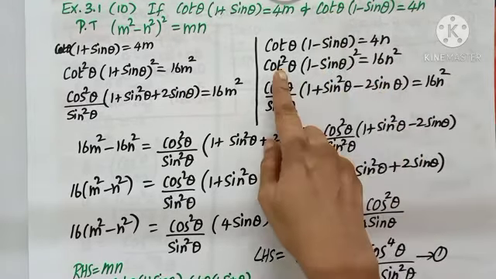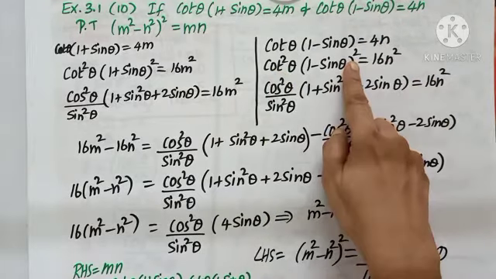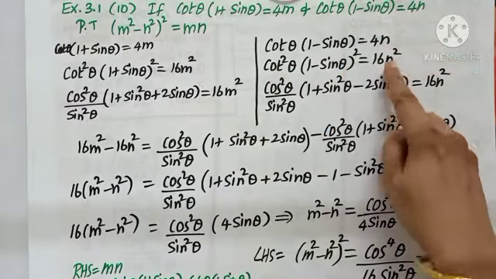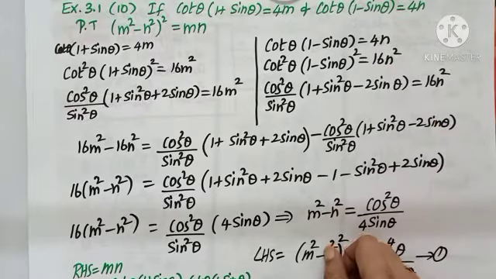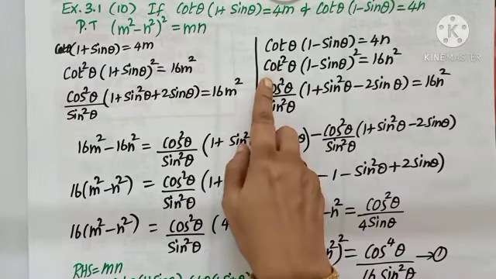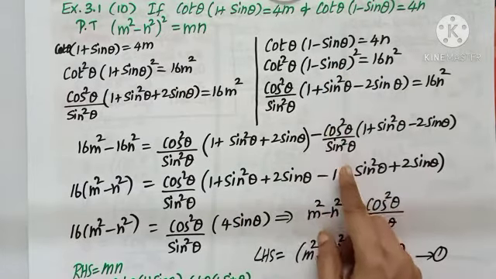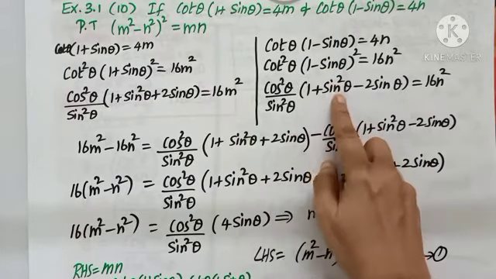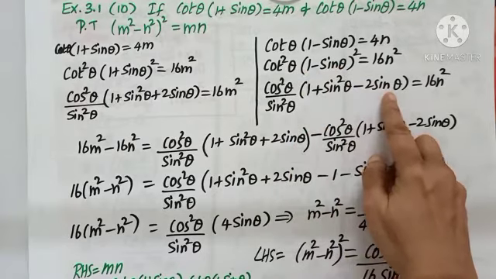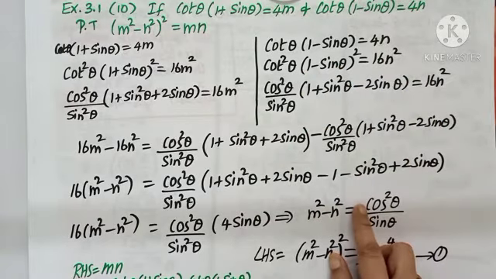Squaring: cot square theta, 1 minus sin theta the whole square. 4n squaring gives us 16n square. Cot can be written as cos by sin. This is a minus b the whole square: a square plus b square minus 2ab equals 16n square.